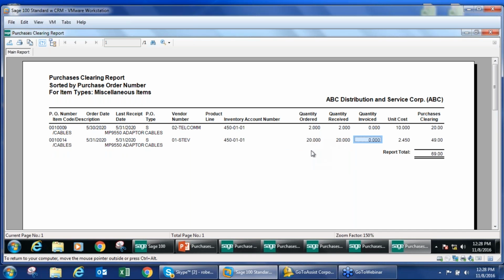So we may have to adjust the way you do things if you want to use this to accrue your expenses. So certainly maybe some cleanup, maybe a change of process, but you could certainly use the PO module to do both.